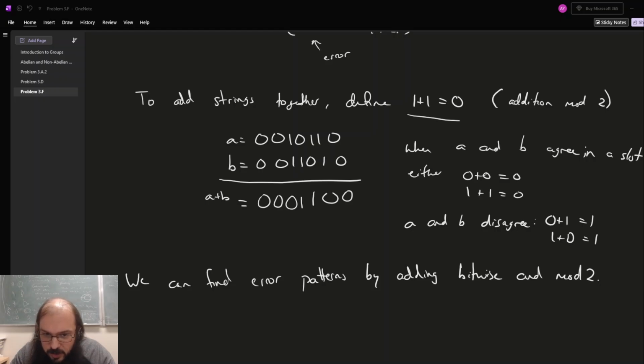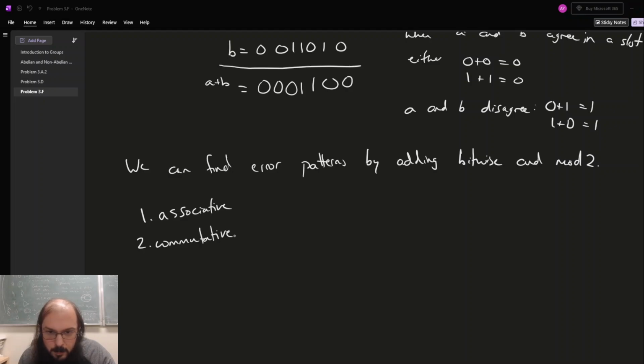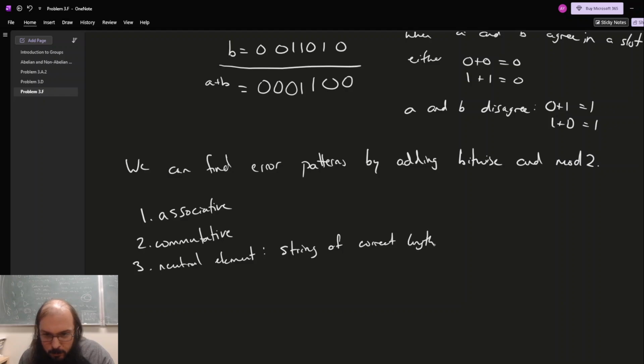Let's think about a couple of properties here. Since this is just normal addition mod 2, it is certainly associative and commutative. There is a neutral element. The element which does nothing when you add everything together is the string of the correct length of all zeros.